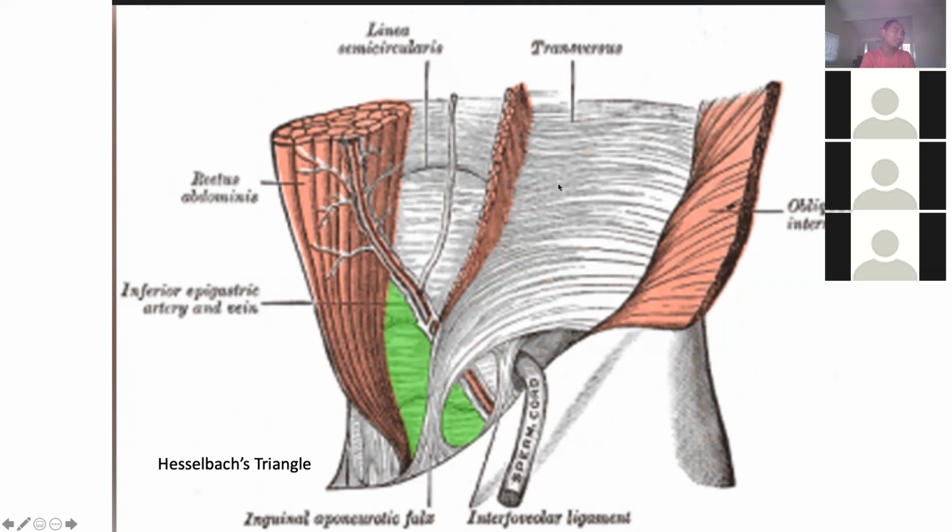The transversus abdominis, like the internal oblique, is going medially. It will contribute to the rectus sheath, but it comes towards the pubic tubercle again, from the back, and it is stuck to the wall of the internal oblique muscle.